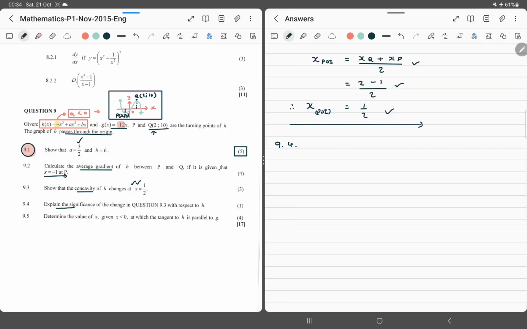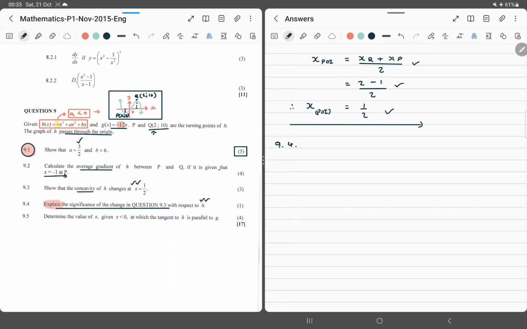9.4 says explain the significance of the change in question 9.3 with respect to h. H is a cubic function. So the point of inflection tells us about the concavity. When we're told here to explain, we are to say a few words.